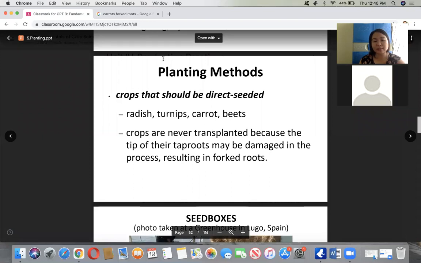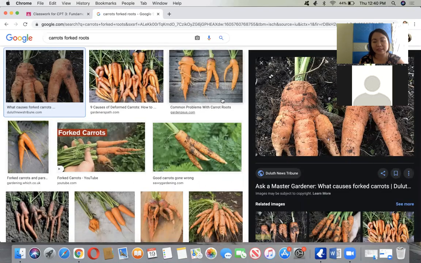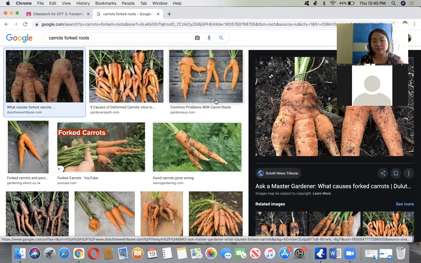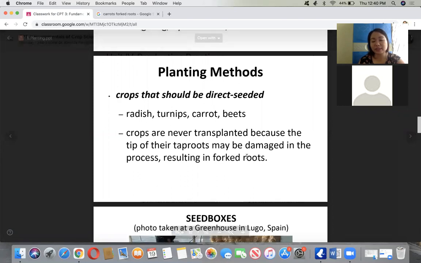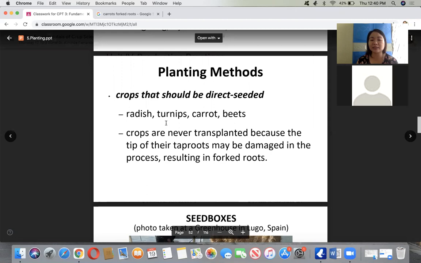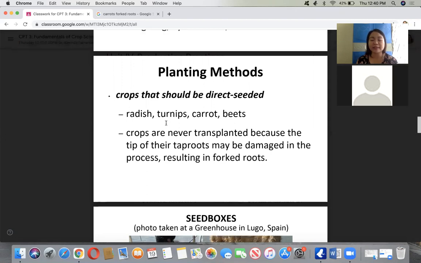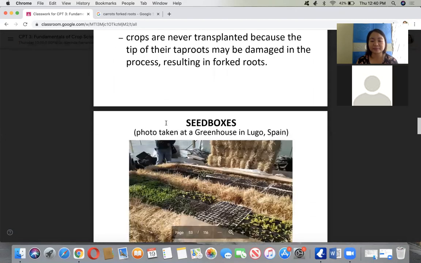You don't want your carrots to look like this because of consumer preference. Once their roots are disturbed, even if you just move them around, it will result in fork roots. So these are the crops that should not be transplanted and can only be direct seeded.